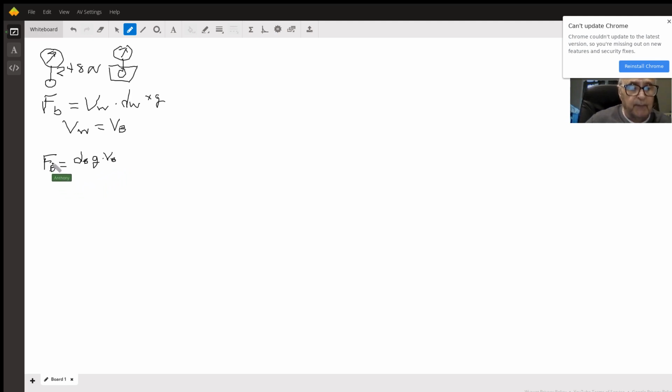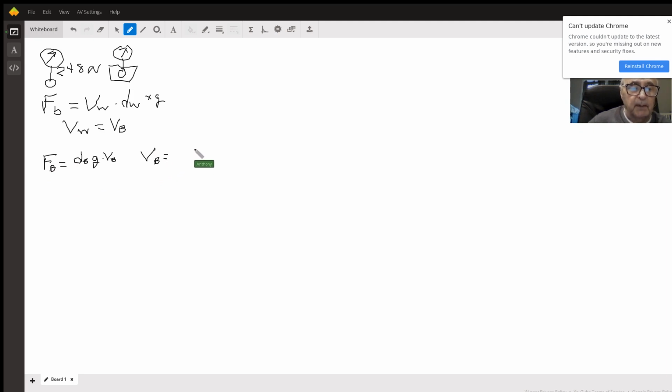We're given this in the problem, it's 248. The density of brass varies depending upon the type of brass, but I looked it up and came up with an average of about 8,000 kilograms per cubic meter. This is g again, the acceleration of gravity, and this would be the volume of the brass. So we know this, we know that, we know that. We could calculate what the volume of the brass is then.